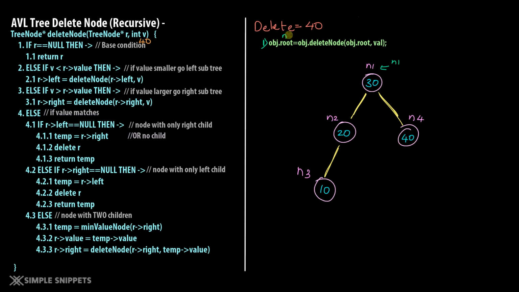So basically this is N1, which is equal to, so on the left hand side on the LHS we have N1. We're saying obj.root and this obj is nothing but the object of class AVL. Okay. So when it comes to the programming part, when it comes to the implementation side, in the C++ program, we will create our own AVL class, which will have its own root node pointer.